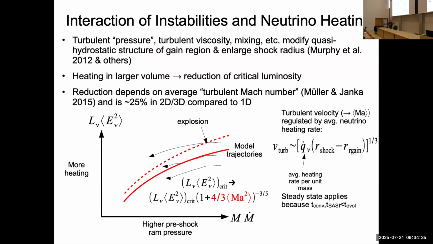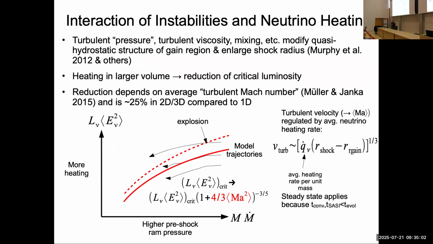Now, what we've also learned in the past decade or so was really how these instabilities interact with the explosion conditions. This cannot be boiled down, I think, to a single physical effect or a single term in a turbulence theory of the flow.